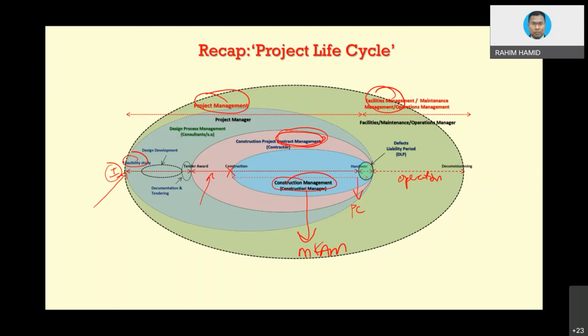And then facility management. Facility management in UTM is also being offered by the Faculty of Built Environment under the Property Management Division, Department, or whatever. Normally, nowadays we have high-rise buildings, condominiums, all kinds of office buildings.